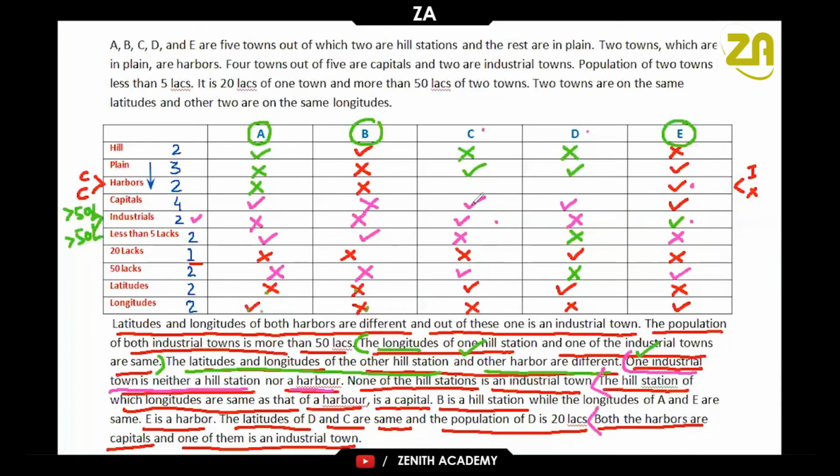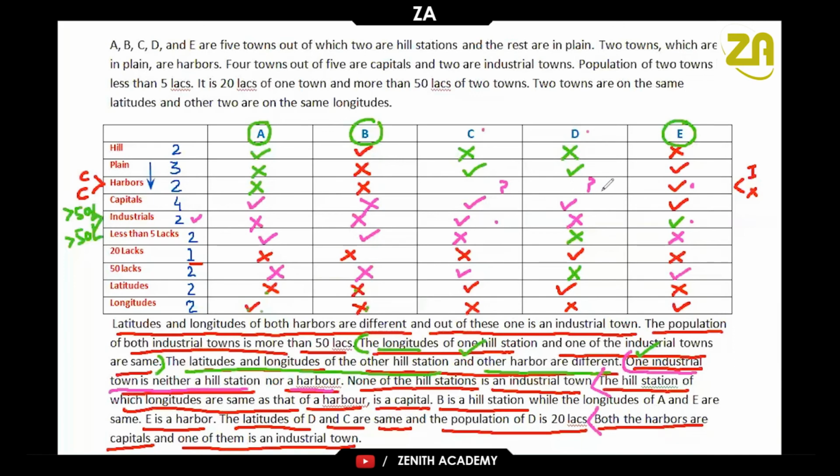Okay, so look here, the harbor will be either this one or this one, right, because these 3 are in plain, or both the harbors are capitals. This is capital, this is also capital. Both the harbors are capital, and one of them is industrial.